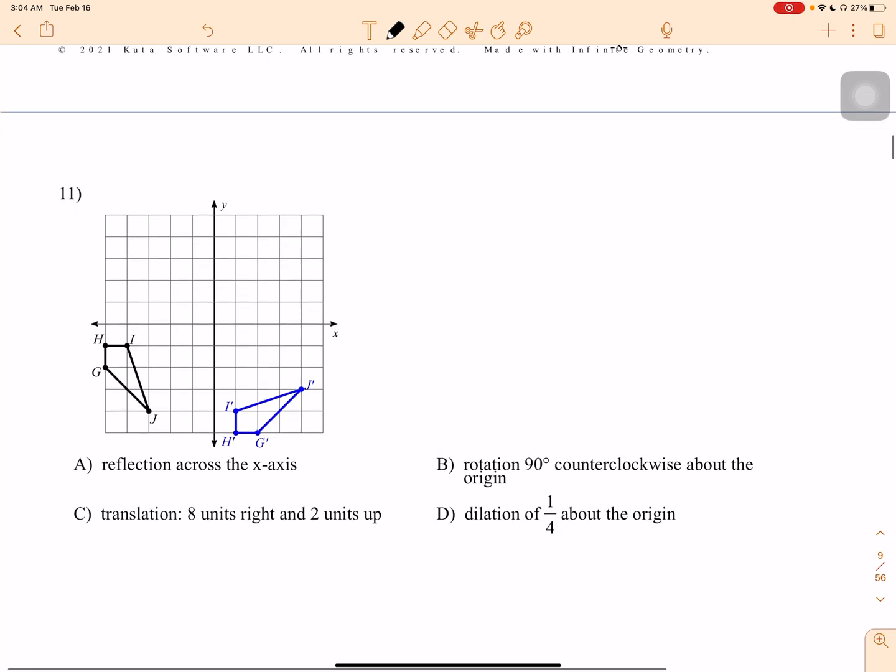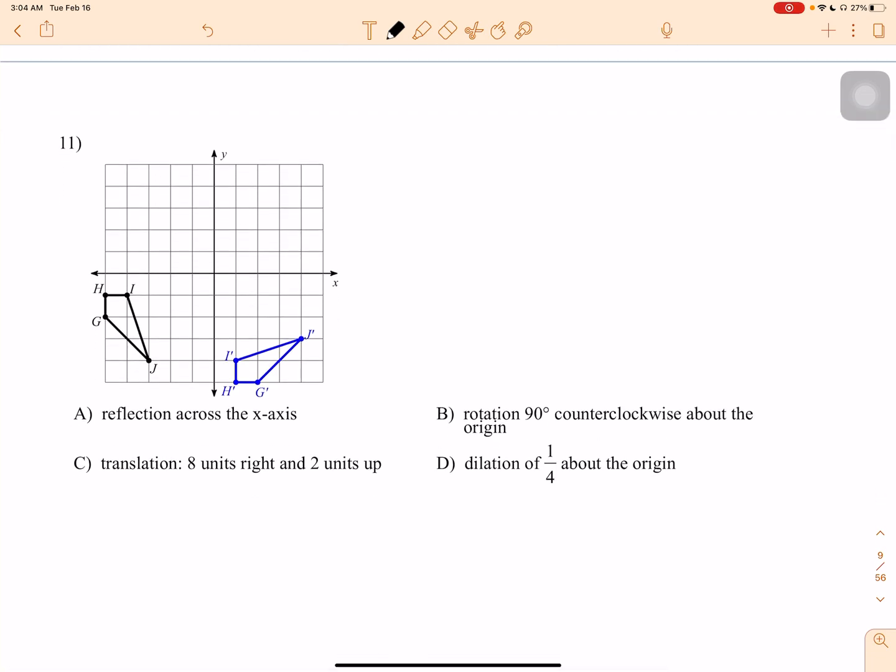This one's a little bit more difficult. So looking at this one, is it a reflection across the x-axis? A reflection across the x-axis would look something like this. If I had an x-axis here and I were to reflect H across, H prime would be right here.